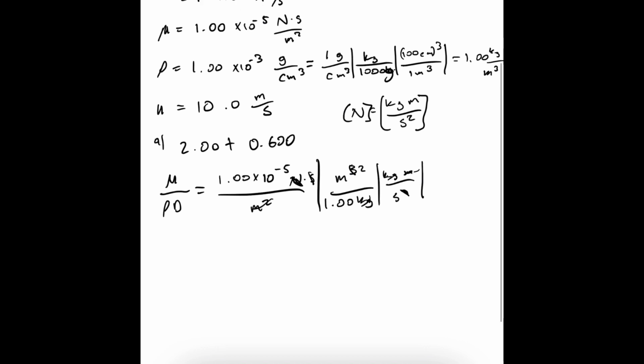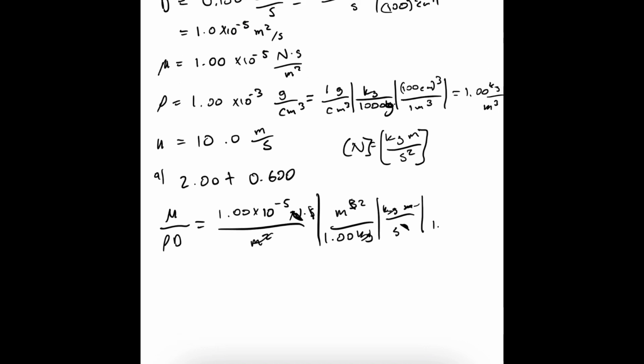So let's write D is in 1.0 times 10 to the minus 5 meters squared per second. So all the units cancel out, like they should.